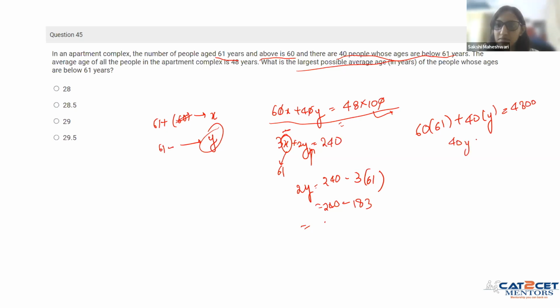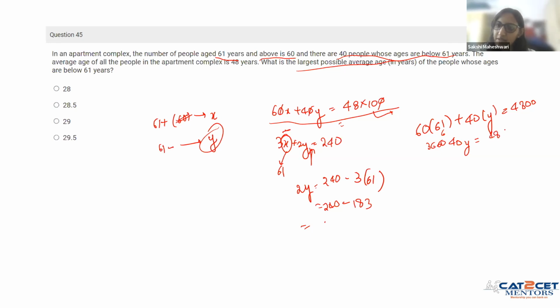The average age of all the apartment complex. Are we doing something wrong? 3616.